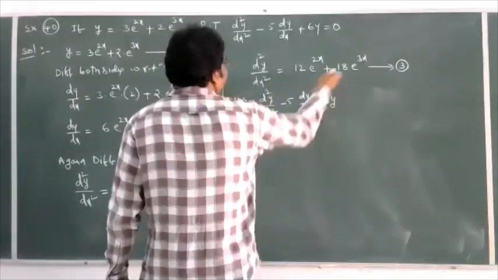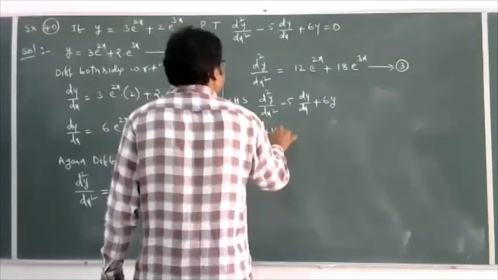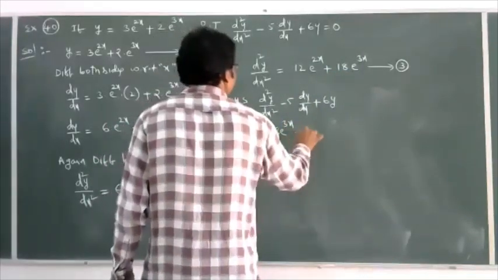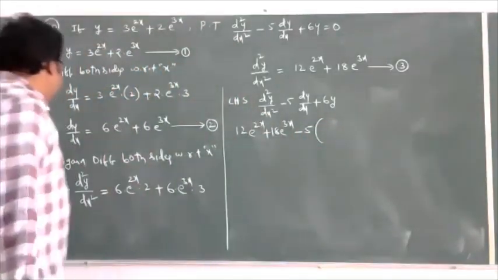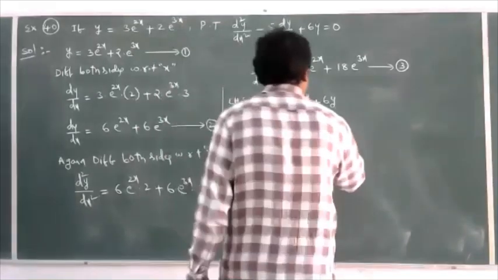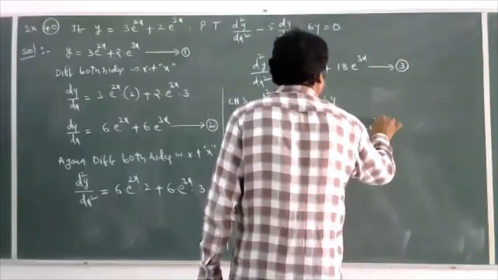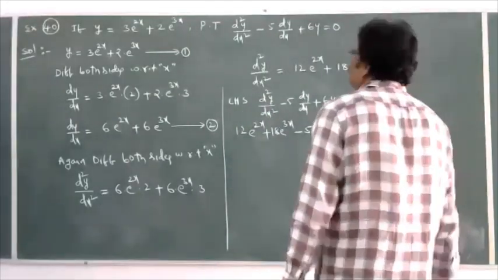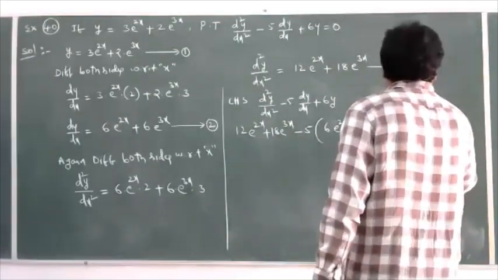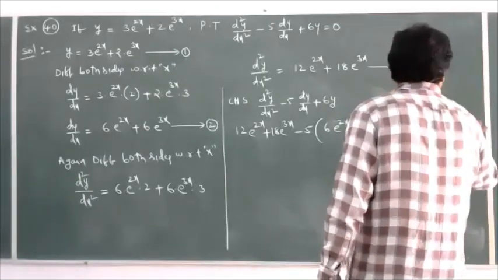d square y by dx square is 12 into e power 2x plus 18 into e power 3x, minus 5 into, what is dy by dx here, 6 into e power 2x plus 6 into e power 3x, plus 6 into, what is y here, 3 into e power 2x plus 2 into e power 3x.